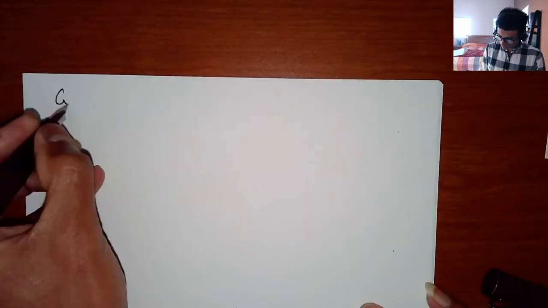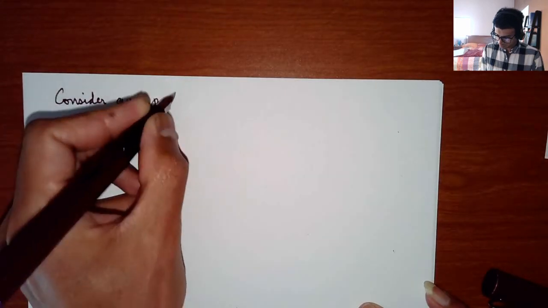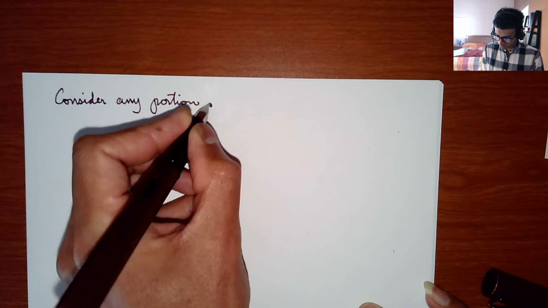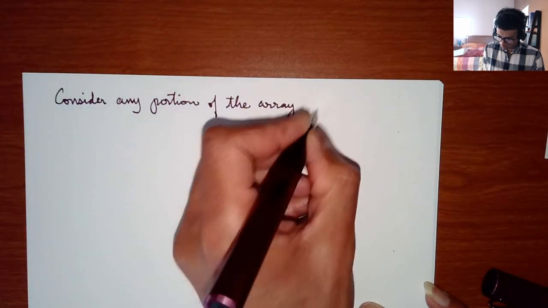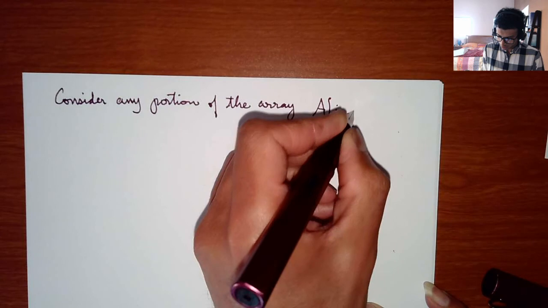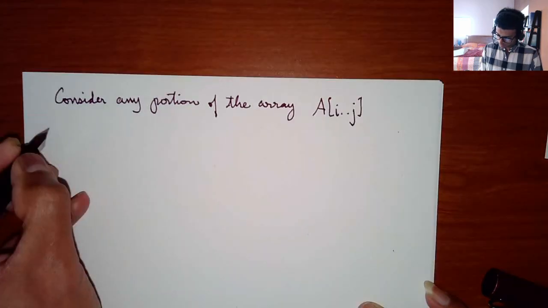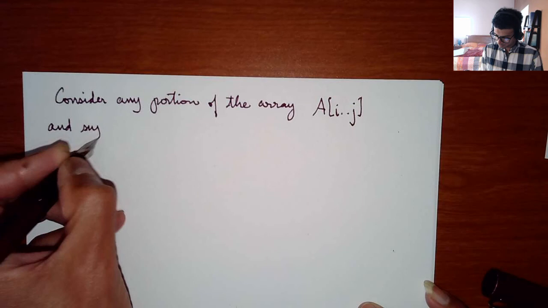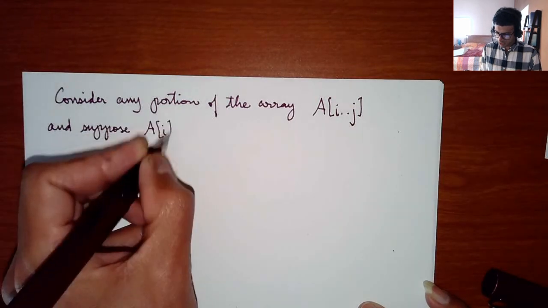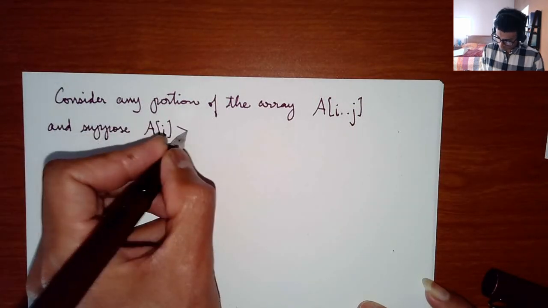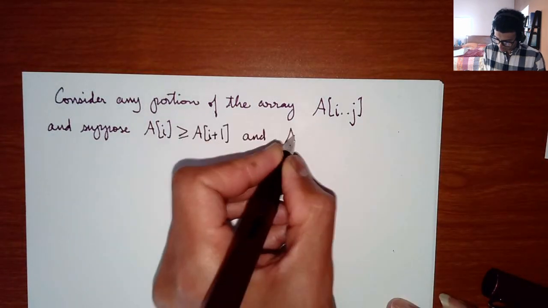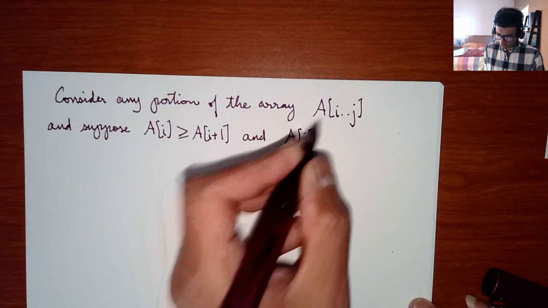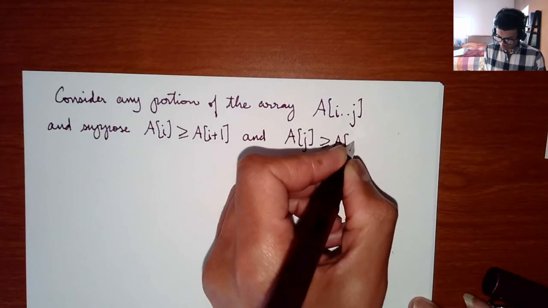So consider any portion of the array A, i to j. And suppose A[i] is greater than or equal to A[i+1] and A[j] is greater than A[j-1].